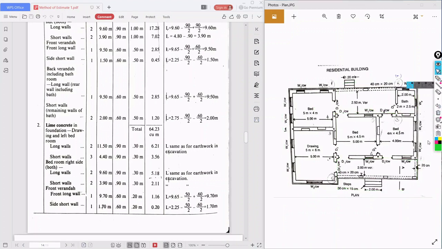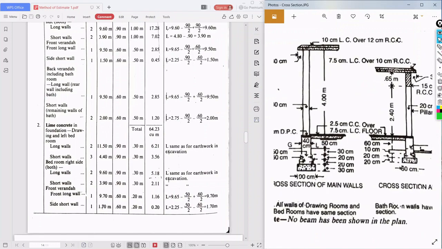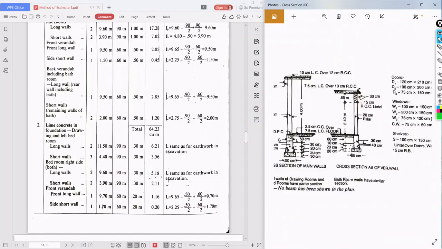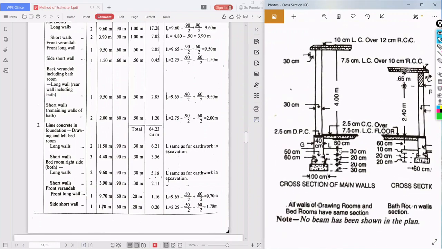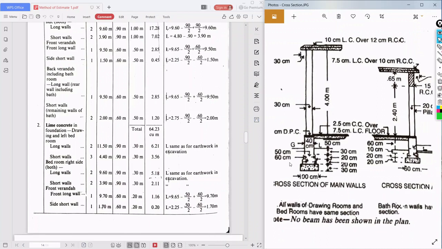Now we will see the section. See, this is the section. For 30 centimeter wall, this one is the lime concrete, only this part, the CC bed.